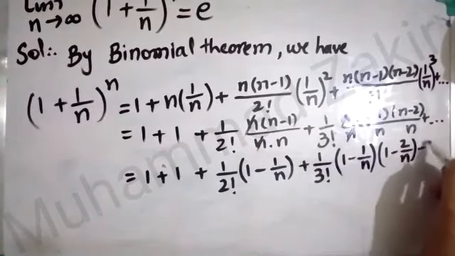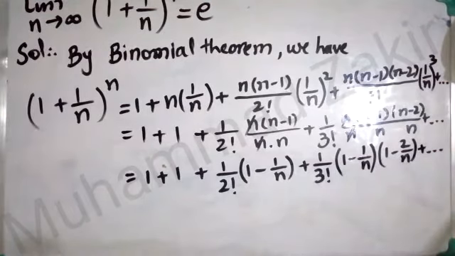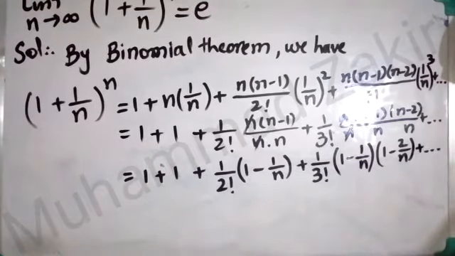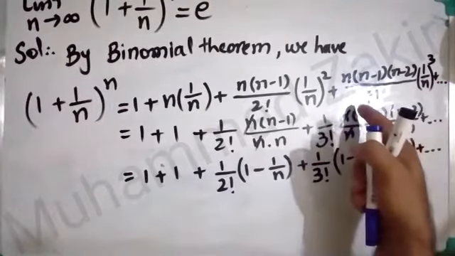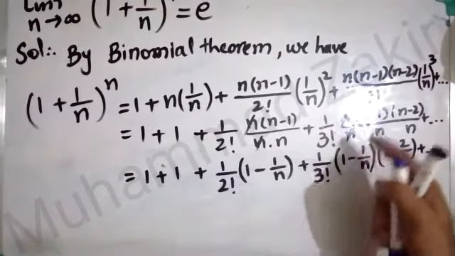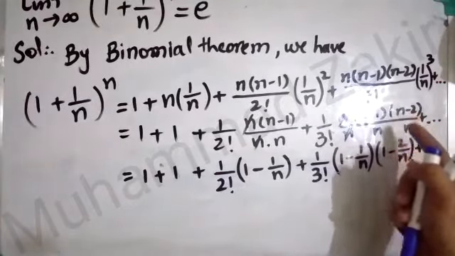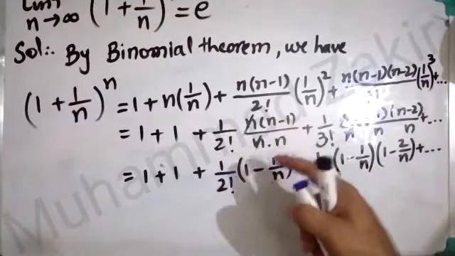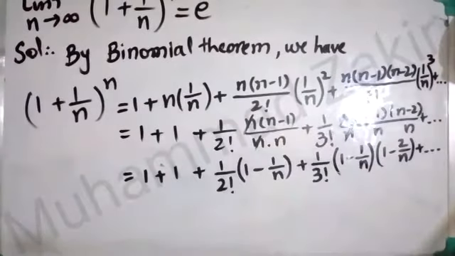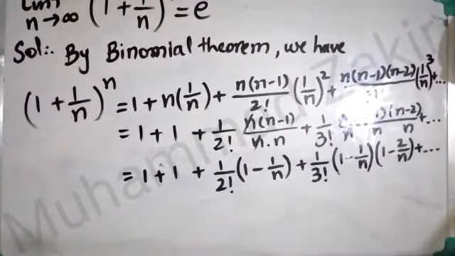This can be done, students. This is a little new form, you need to understand. We divide this n separately in each factor. N by n becomes 1 and 1 by n, then n by n becomes 1 and 2 by n. So everywhere this is the form we have.